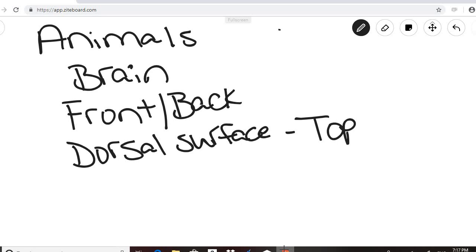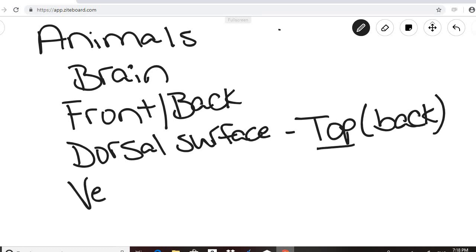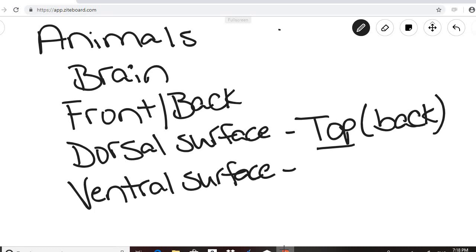Or depending on if it's a two-legged creature like humans, the dorsal surface would be the back of it, but for most organisms, it's going to be the top surface. And then the ventral surface is the bottom surface, or the belly side. So in us, it would be our fronts, the belly side.